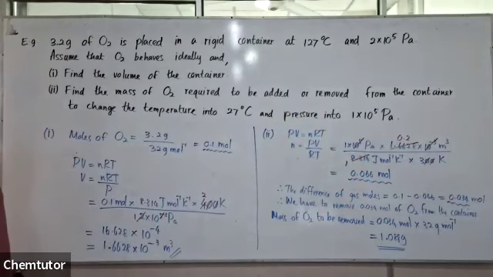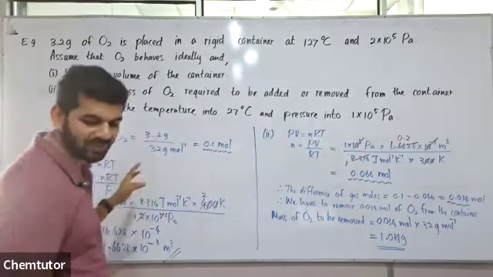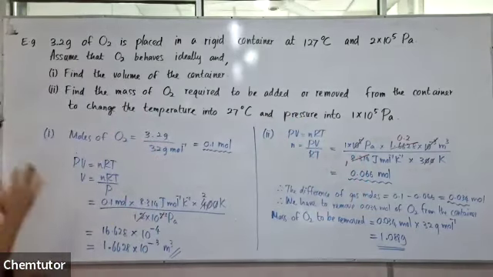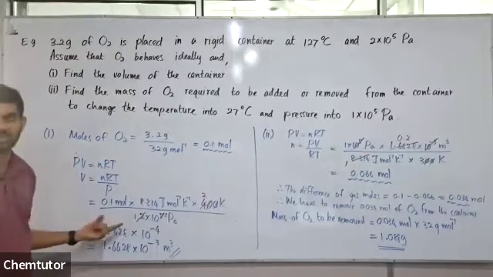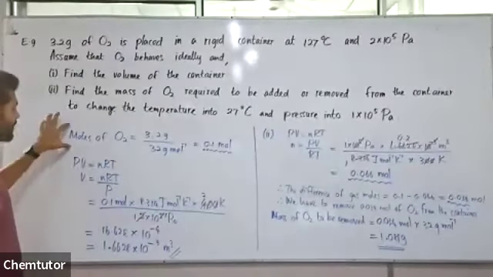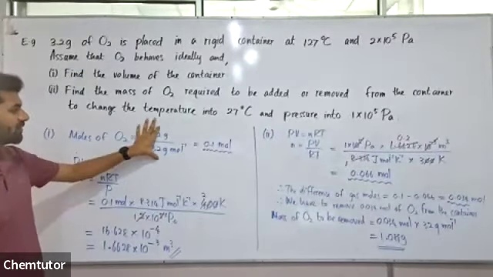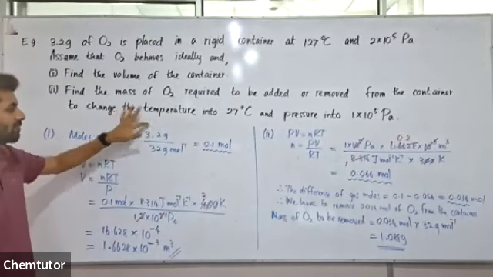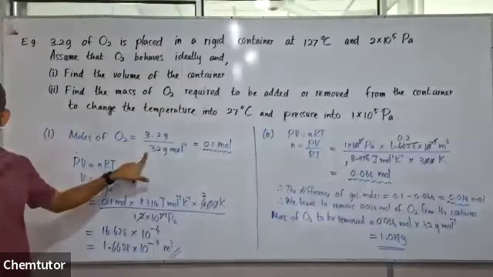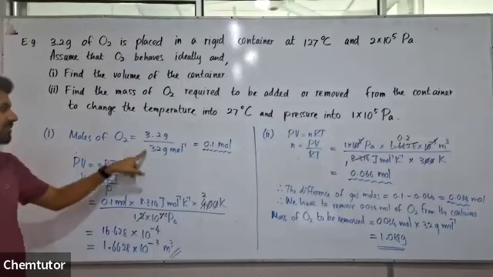Is it clear? Okay, now see in these calculations we saw that once the different parameters are given, we have to apply them to the ideal gas equation. First of all we calculated the number of moles of oxygen as mass divided by molar mass.